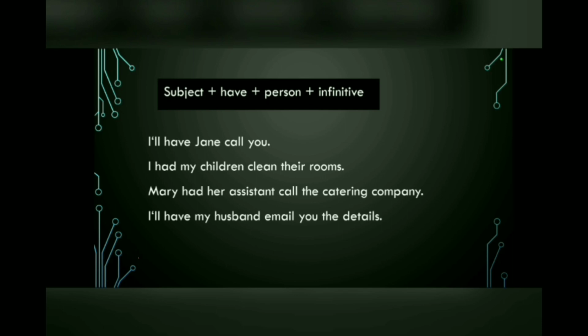An example, I will have Jane call you. This is something a boss might say about their secretary, who in this case is Jane. It makes the person sound quite important, or a mother might use it about their children: I had my children clean their rooms.